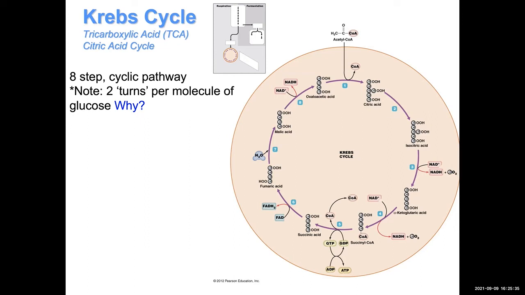Therefore, we're going to generate a total of 6 NADH. Do we generate any other reduced coenzymes? FADH2. How many FADH2 do we generate per 1 molecule of glucose? 2. That is correct. We generate 2.